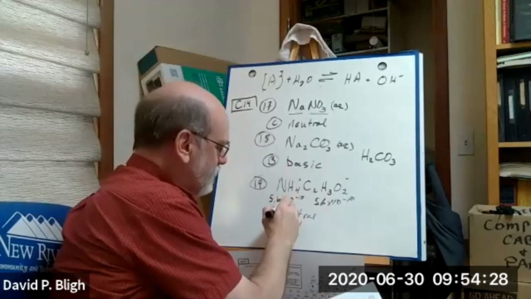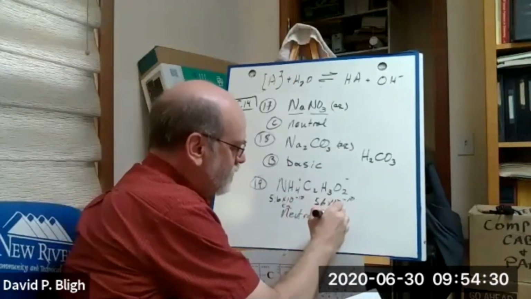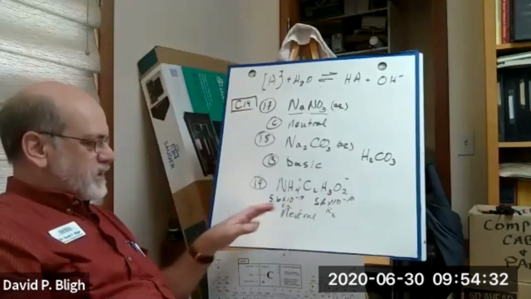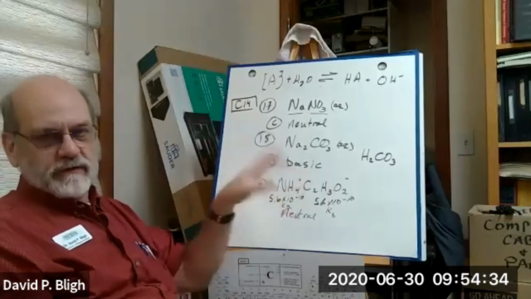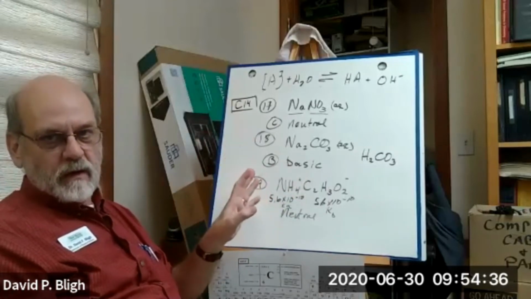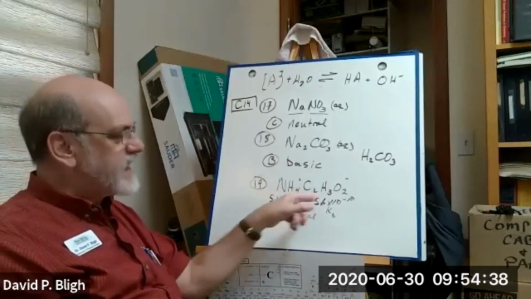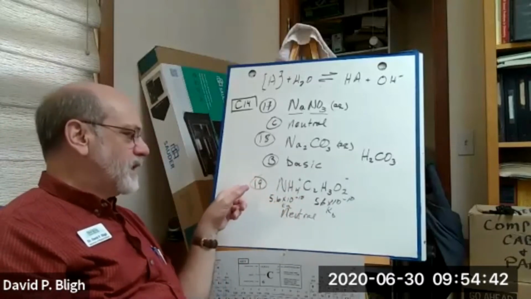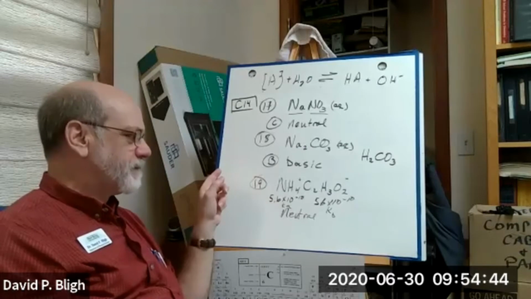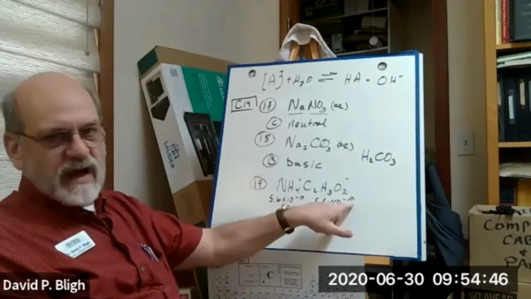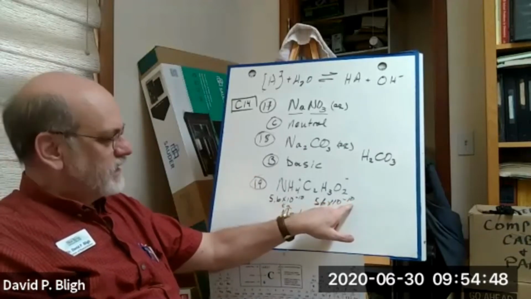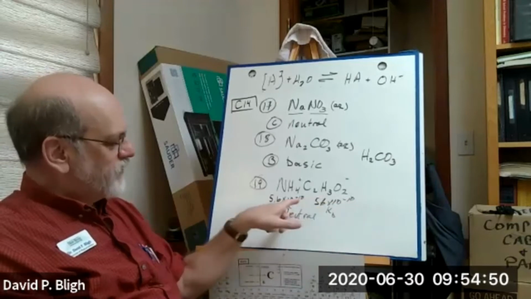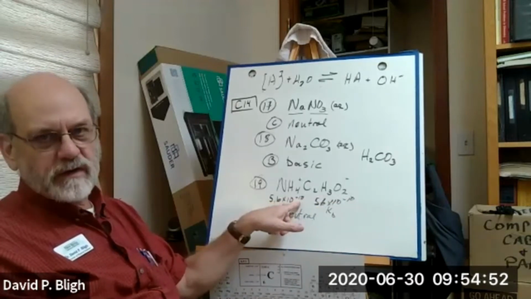So we use the Ka for this one and the Kb for this one, which is a competition for water molecules. The equal competition. What if this one were 10 to the minus 9 and this one were 10 to the minus 12?